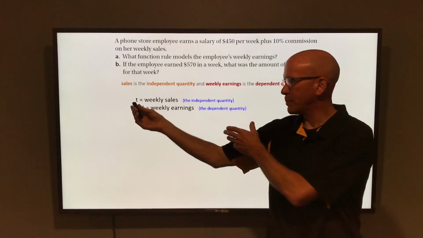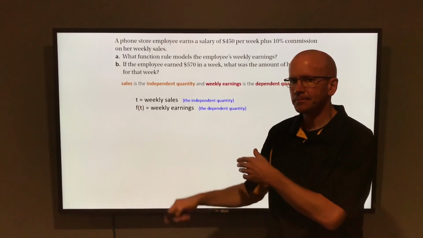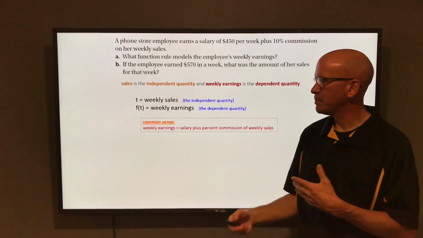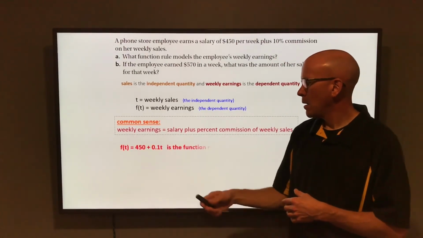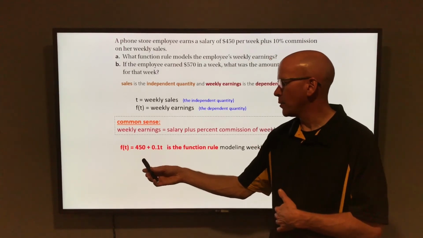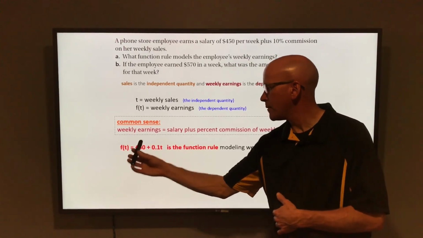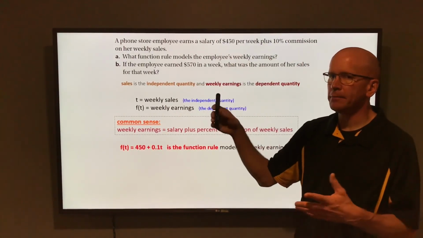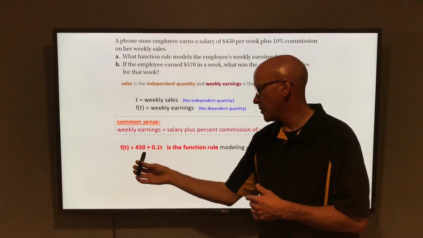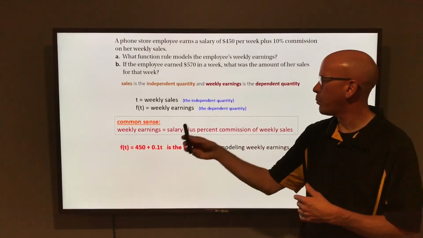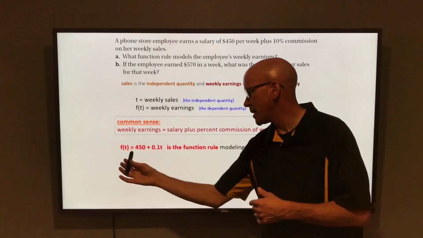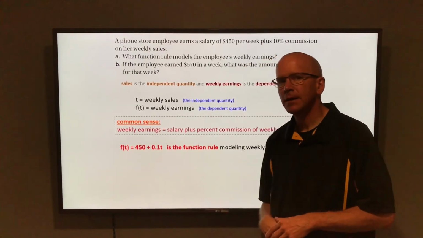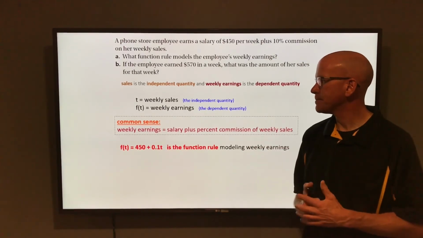So we want to take 10% of T, or 0.1 times T, and add $450 onto it. So again, this $450 that she gets no matter what, added on to the 10% commission, or 0.1 times T, that's her paycheck. F of T is her weekly earnings.